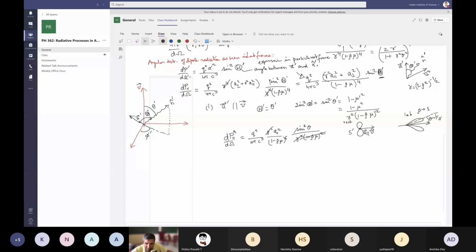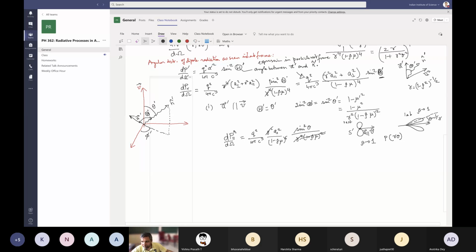Okay, and we had actually done this. When we went to the beta going to 1 limit, we said that power is actually a function of gamma theta, right? So the theta dependence is through gamma theta.